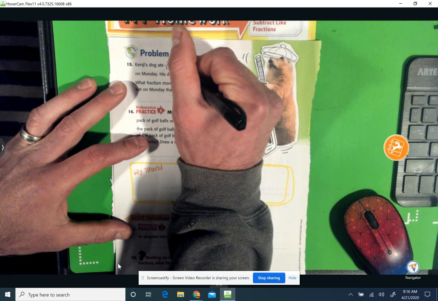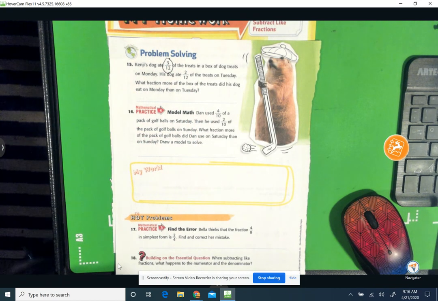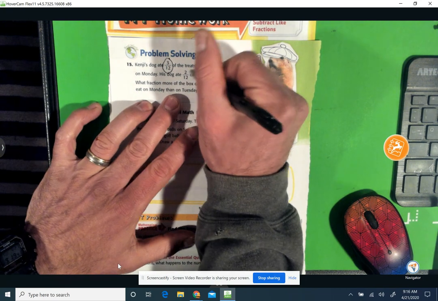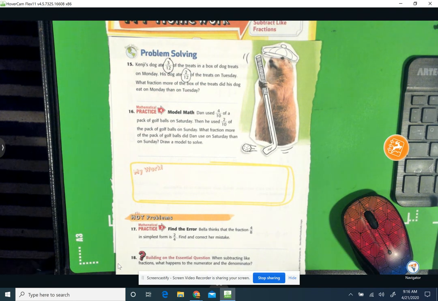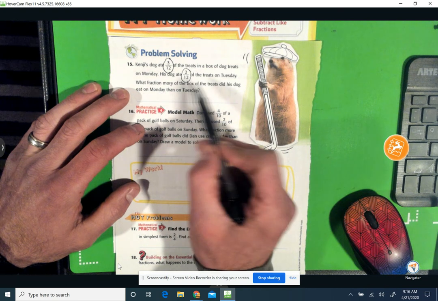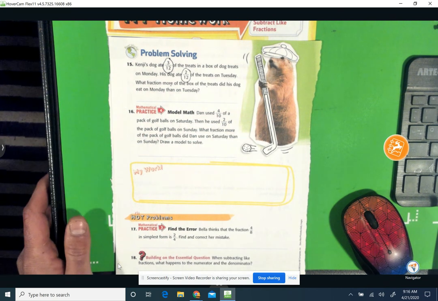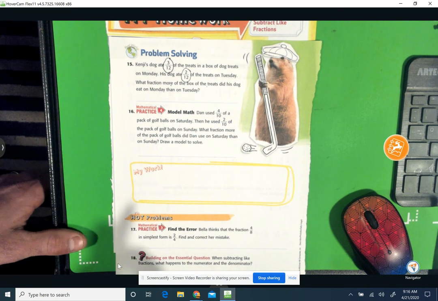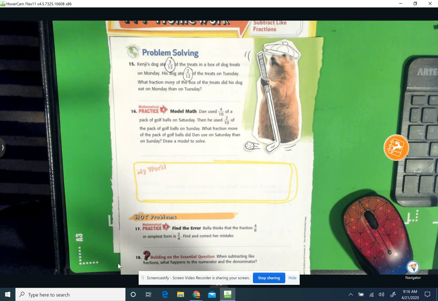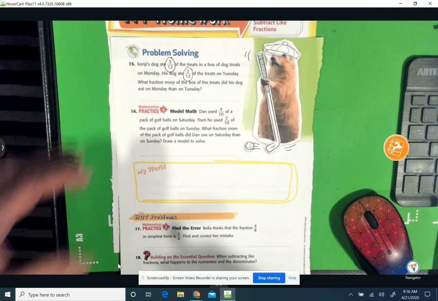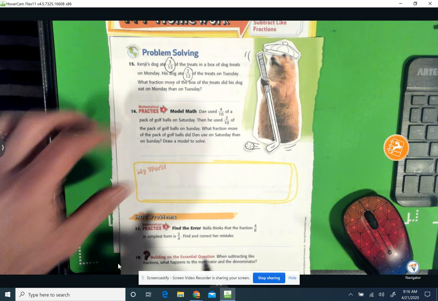So we're going to circle our numbers here. 3/12. His dog ate 2/12 of the treats on Tuesday. What fraction more of the box of treats did his dog eat on Monday than on Tuesday?